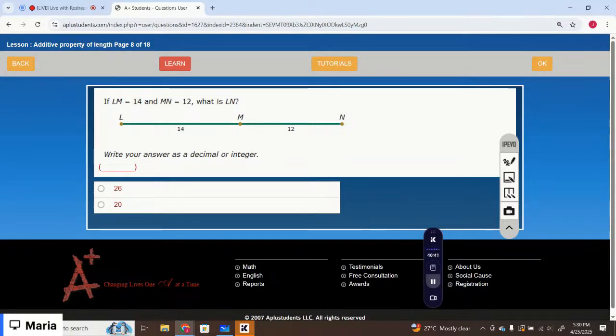If LM equals 14 and MN equals 12, what is LN, which is the correct option? That is 26. Option number 1 is the correct option.